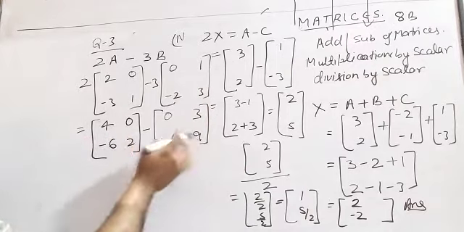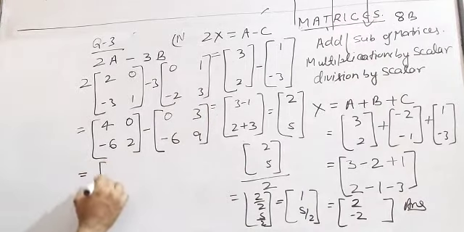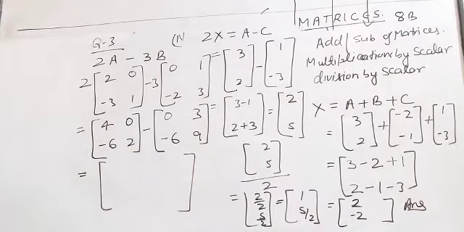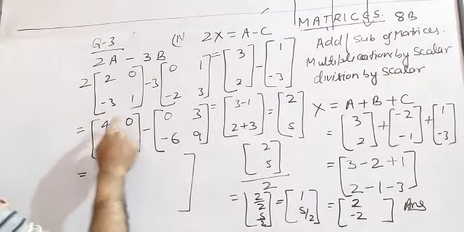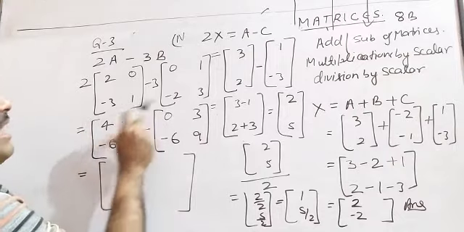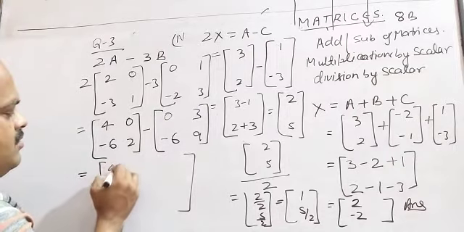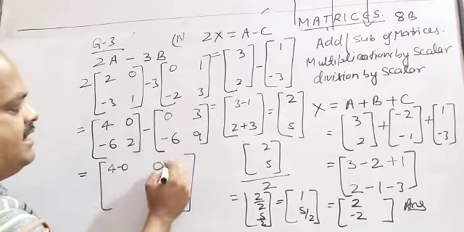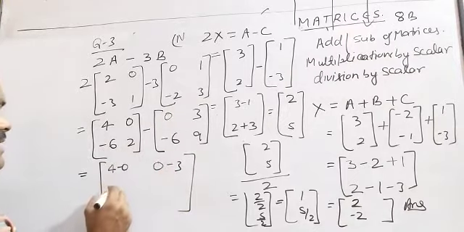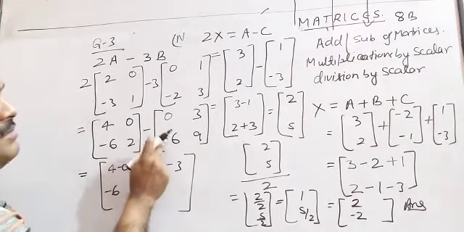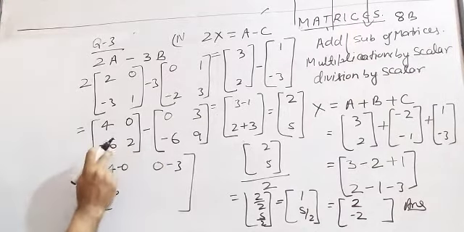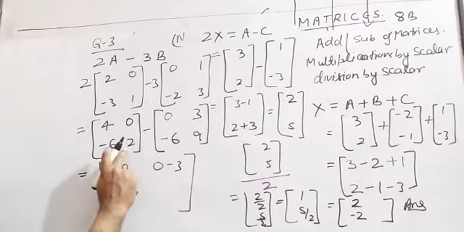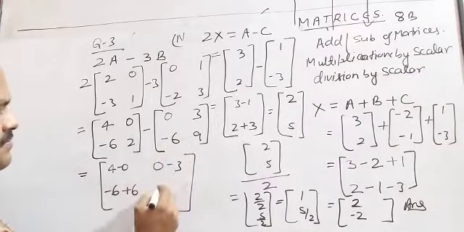Now do the subtraction. Be careful because you are doing subtraction. So first element, 4 minus 0, 0 minus 3, minus 6, minus, you see, you are doing subtraction, minus, so plus 6, 2 minus 9.